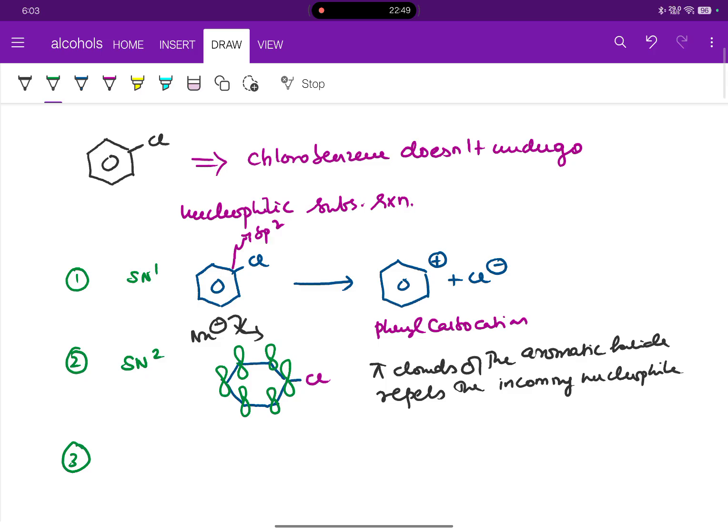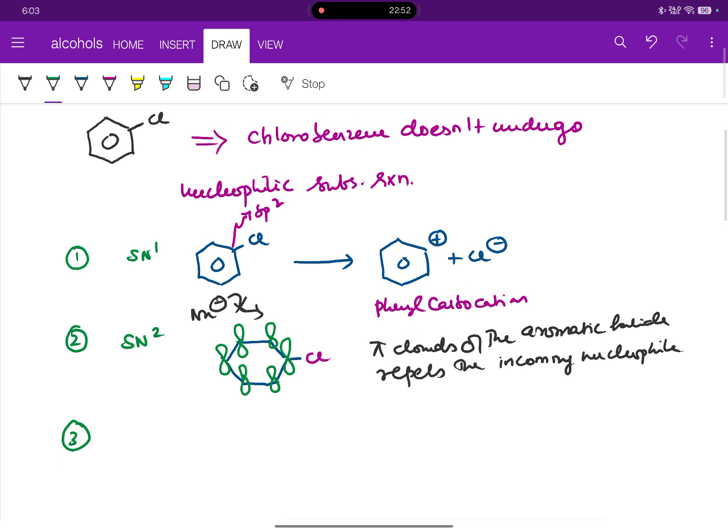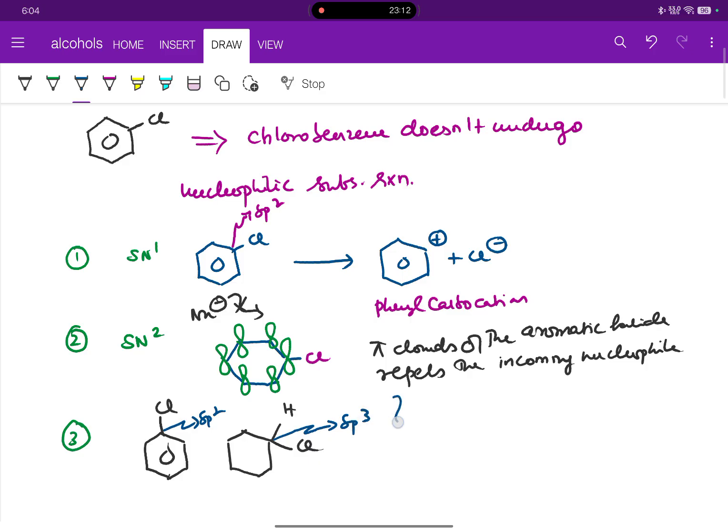There are two more reasons to be written here. When you compare chlorobenzene to cyclohexyl chloride, this is an sp2 carbon, this is an sp3 carbon. sp2 carbon is more electronegative than sp3 due to increased s character.